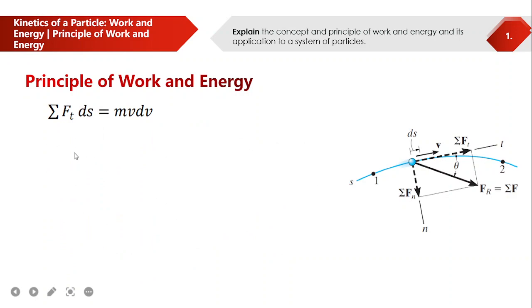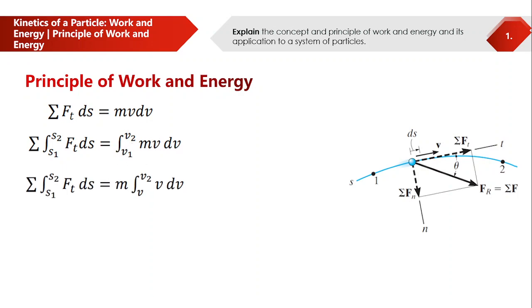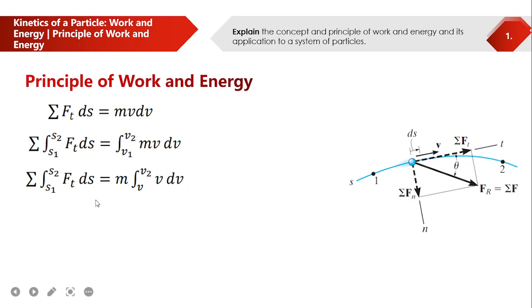Therefore, we integrate both sides, from s sub 1 to s sub 2 on the left side and from v sub 1 to v sub 2 on the right side. That will be the integral of the summation of f sub t ds from s sub 1 to s sub 2 equal to the integral of m v dv from v sub 1 to v sub 2.